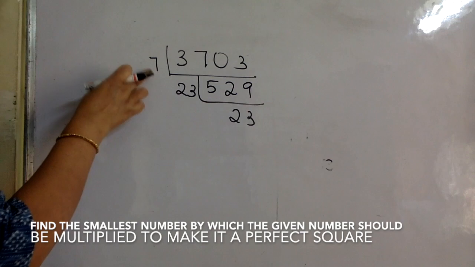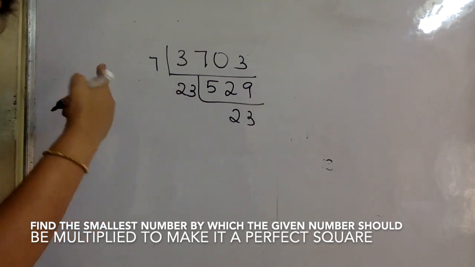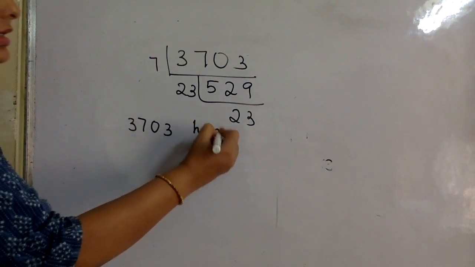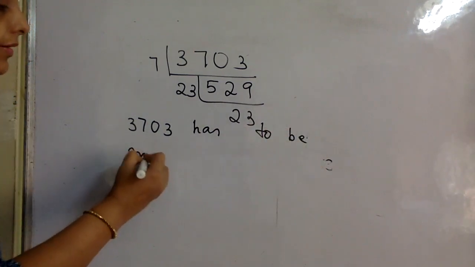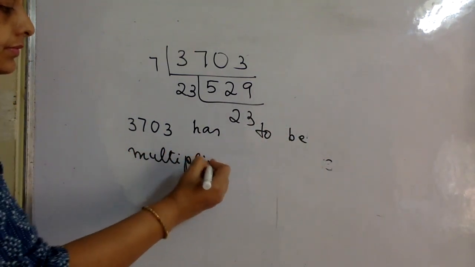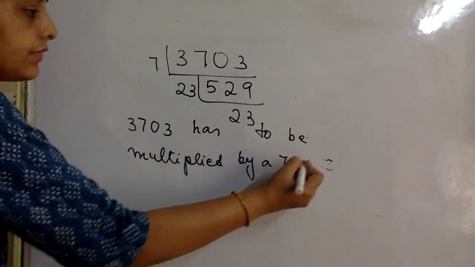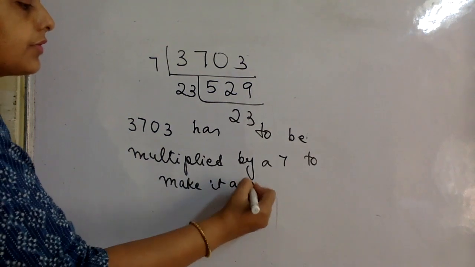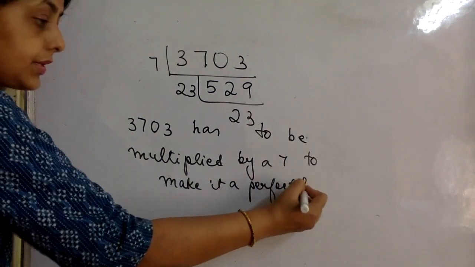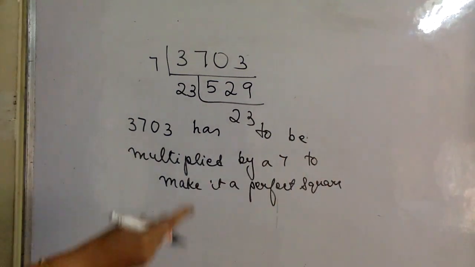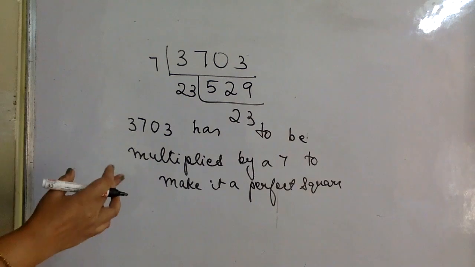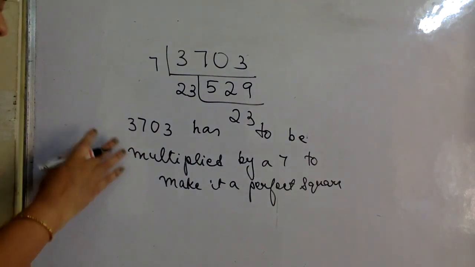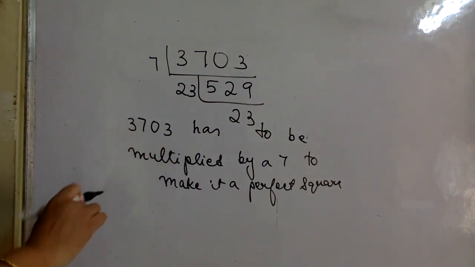So because this 7 did not have a pair, 3703 has to be multiplied by a 7 to make it a perfect square. Okay, so that is our answer. If we multiply 3703 with a further 7, this 7 will get a pair, and so it has to be multiplied by a 7 to make it a perfect square.